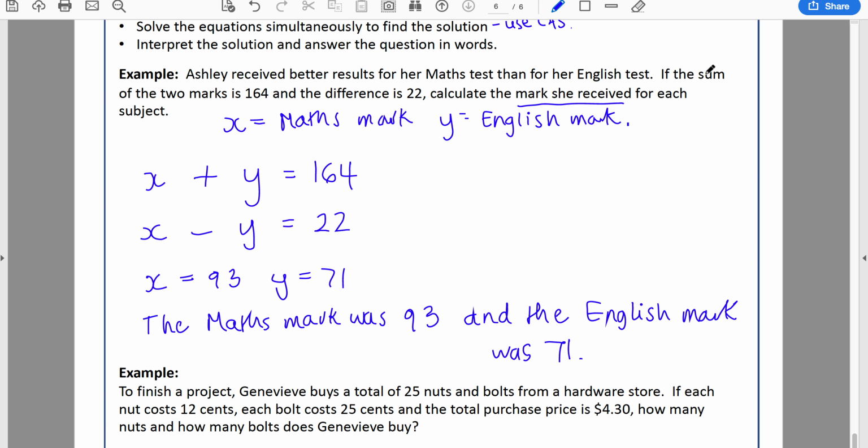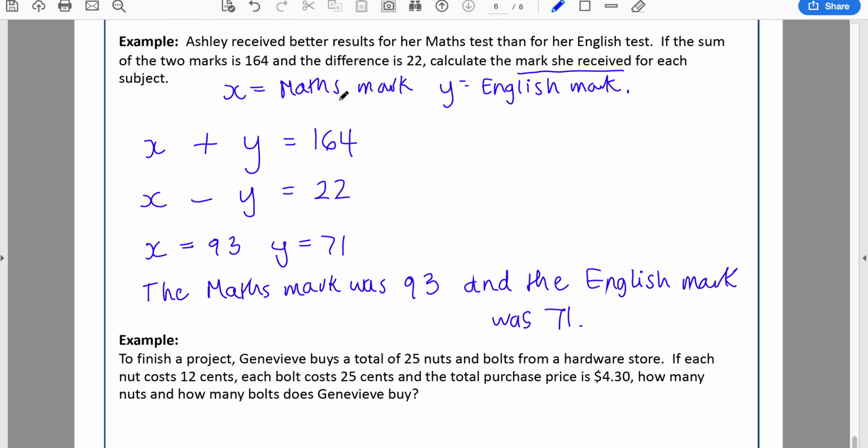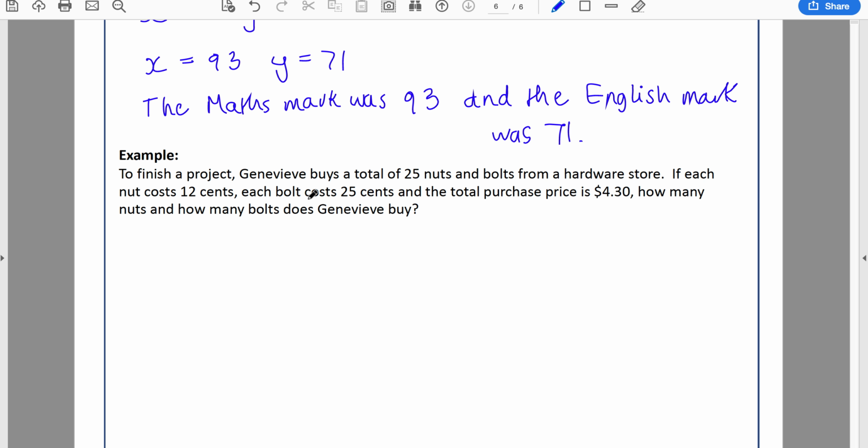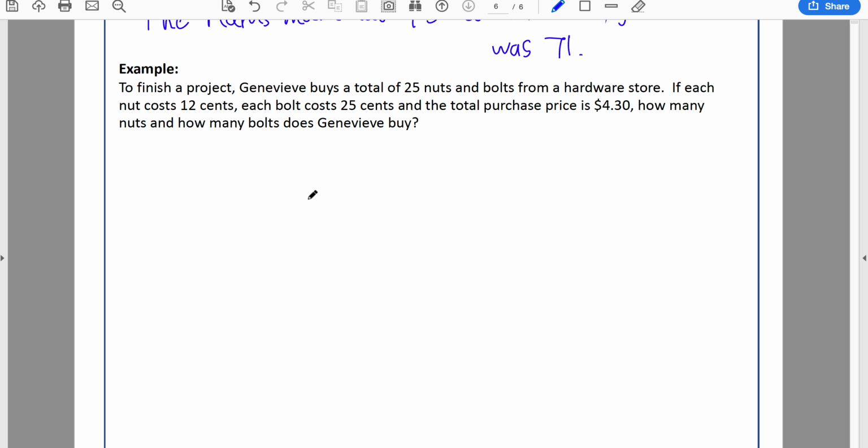So using this sum, the word sum and difference, they might use the word product. Product means multiplication. More commonly, you might get something like this last one that we'll look at. It's to do with buying an item, how much you buy of each item, and how much it costs.